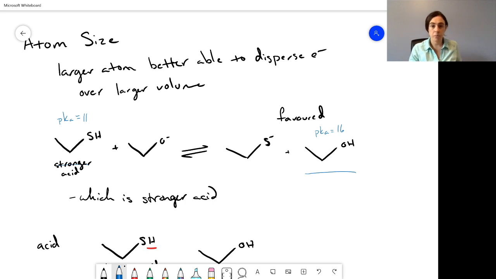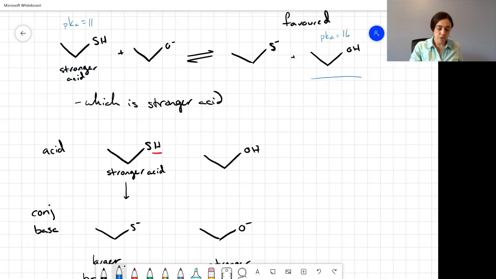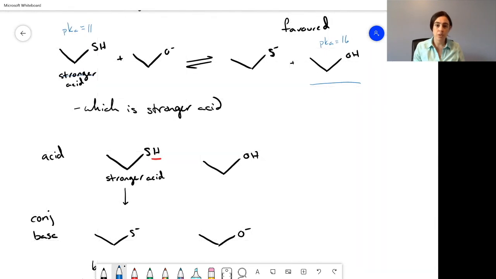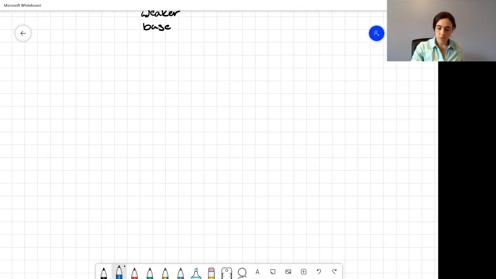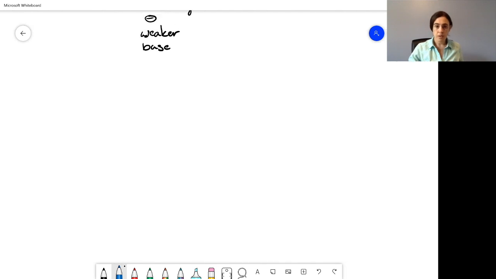So this will be a product favored reaction. You can do this through the pKa numbers, or if you don't have those handy, you can just remember the trends in terms of size and electronegativity. All right, so that is the first of our criteria. That's the atom, both electronegativity and size.